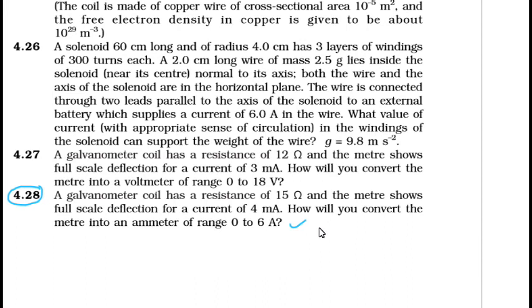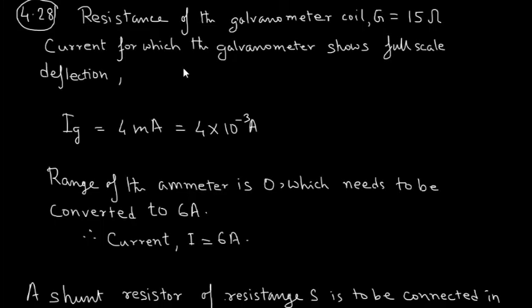So resistance of the galvanometer coil G is equal to 15 ohm. Current for which the galvanometer shows full scale deflection, Ig, is equal to 4 milliampere, that is 4 into 10 to the power minus 3 ampere. Range of the ammeter is 0, which needs to be 6 ampere.